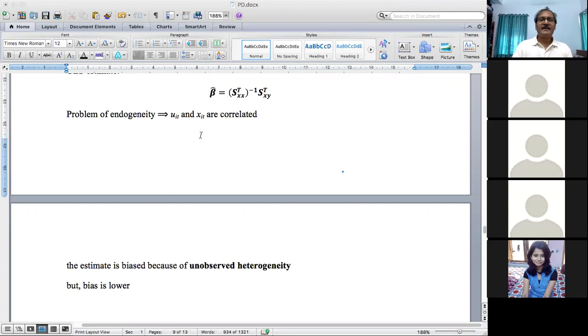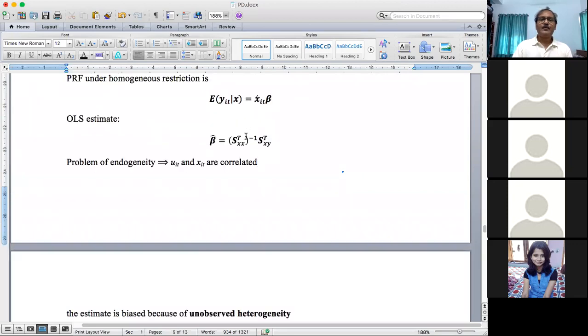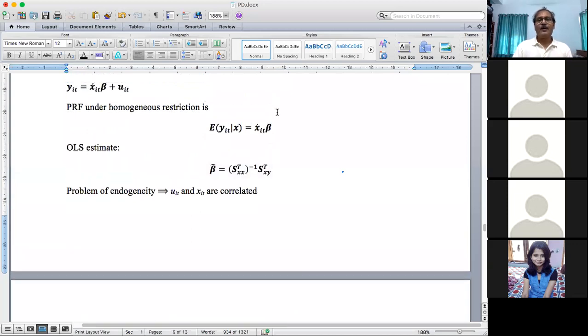Okay, but in estimating this model, we assume that the random errors are homoscedastic. What does it mean? Homoscedastic random error implies your cross-section units are homogeneous, so there is no scope of heterogeneity across the cross-section units. The basic assumption in the linear regression model is homoscedasticity, and this assumption requires that the cross-section units should be homogeneous. So indirectly we assume in our conventional linear regression model that the cross-section units are purely homogeneous.